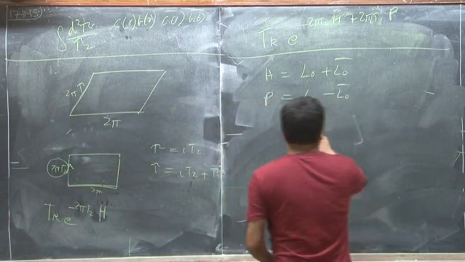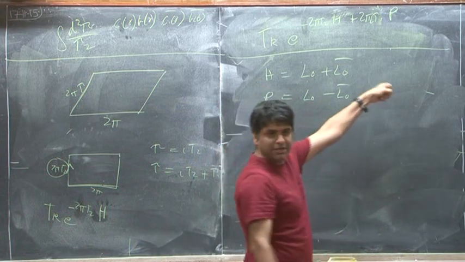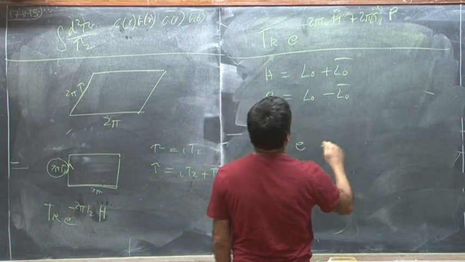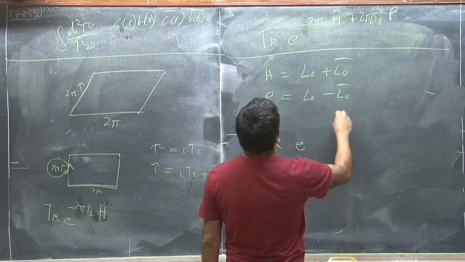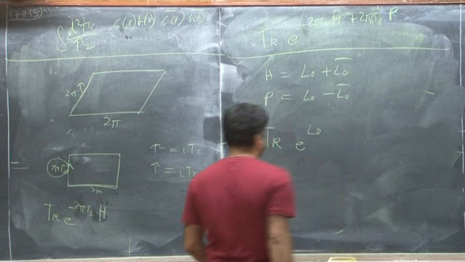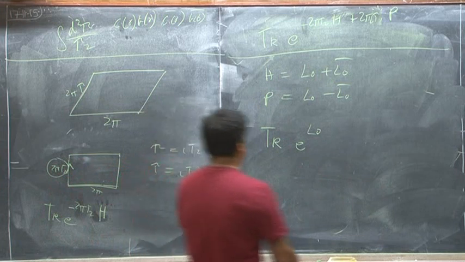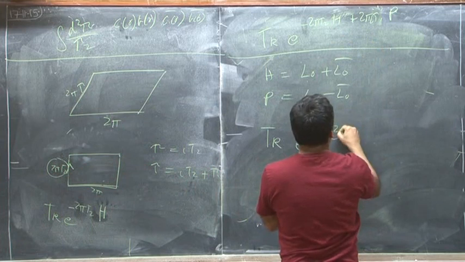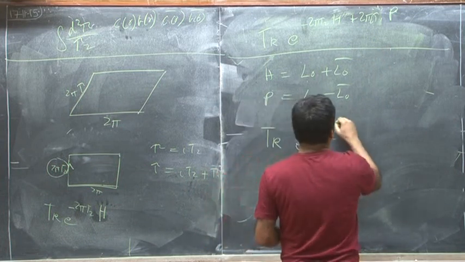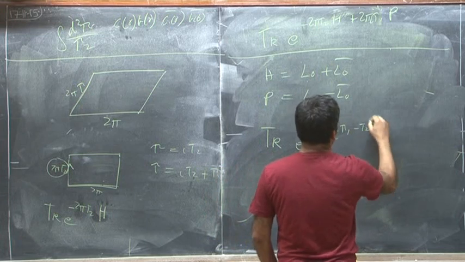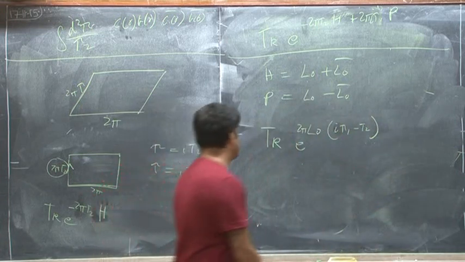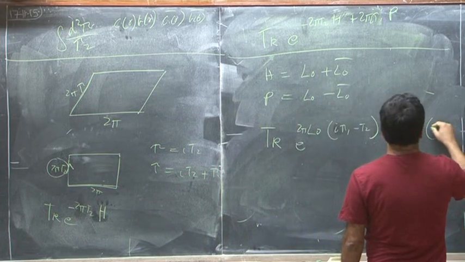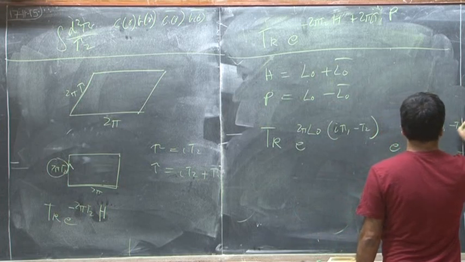So now let's look at this object. We say h is L0 plus L0 bar, p is L0 minus L0 bar. So this is the trace of e to the power 2 pi i tau1 minus tau2 times L0, and e to the power 2 pi L0 bar into minus i tau1 minus tau2.